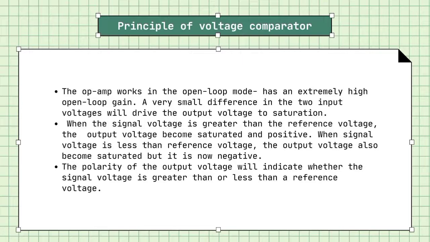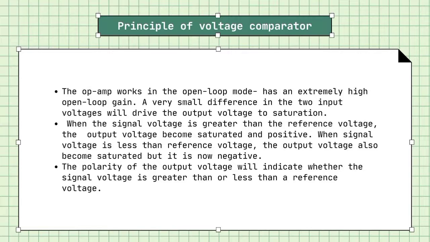Next, the principle of the voltage comparator. The op-amp works in the open loop mode, hence it has an extremely high open loop gain. Because of this, even a very small difference in the two input voltages will drive the output voltage to saturation. When the signal voltage is greater than the reference voltage, the output voltage becomes saturated and is, say, positive.